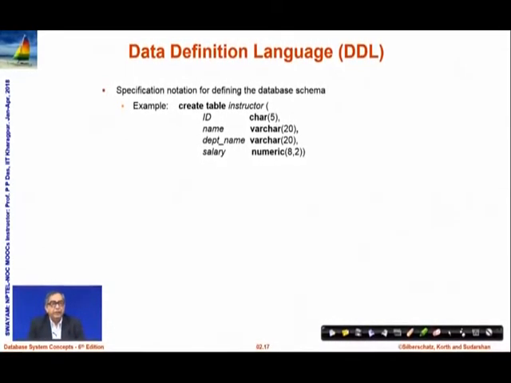It says that the ID will be a 5-character data. The name would have a variable length, because you cannot say that the name will be of a fixed length. That is what varchar says, but the length will not exceed 20. And similarly, salary will be a numeric data going up to 8 figures with a decimal part of 2 digits.